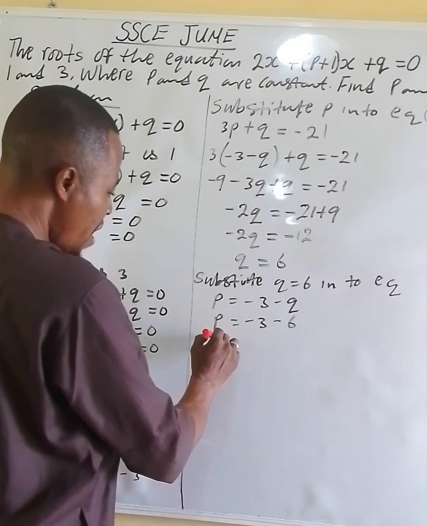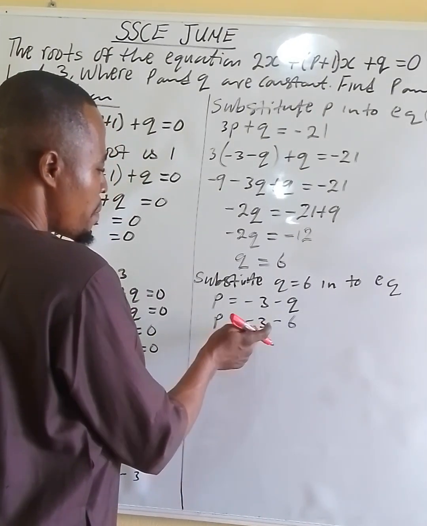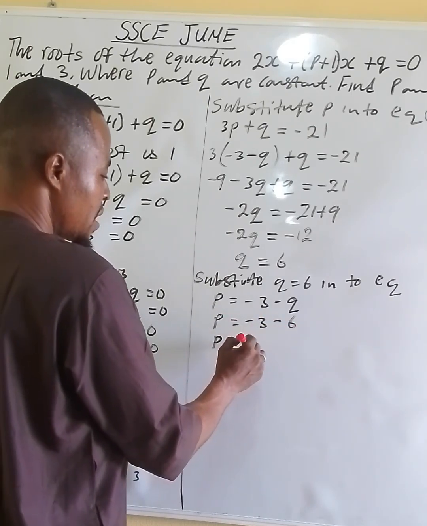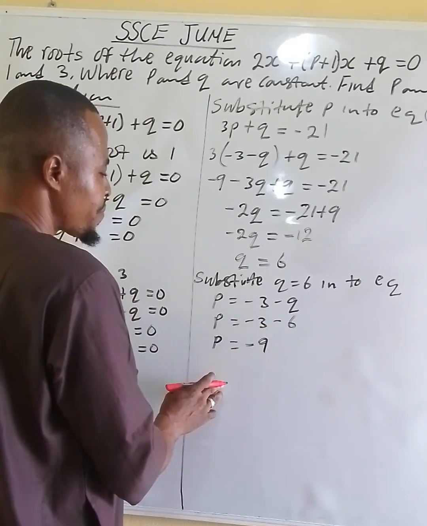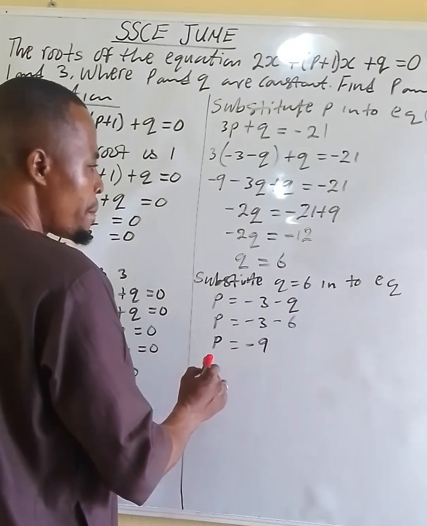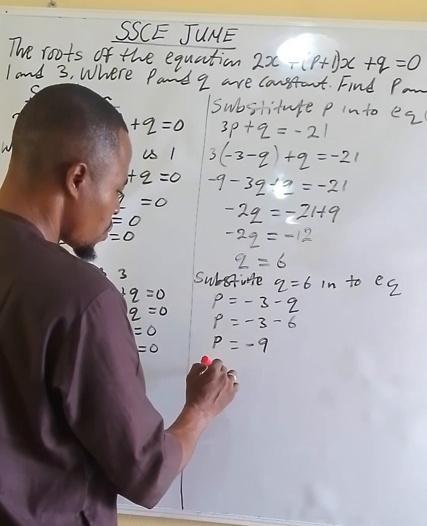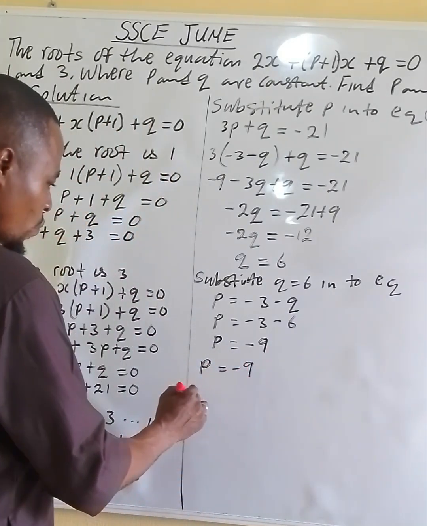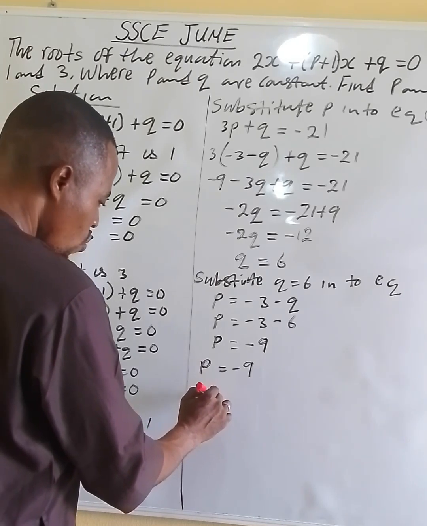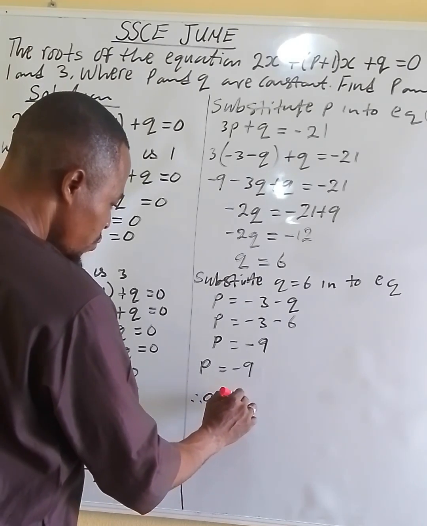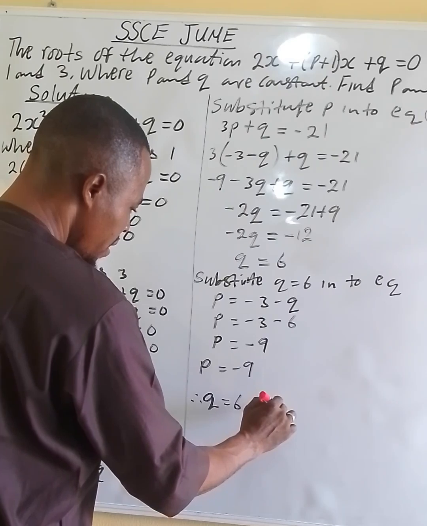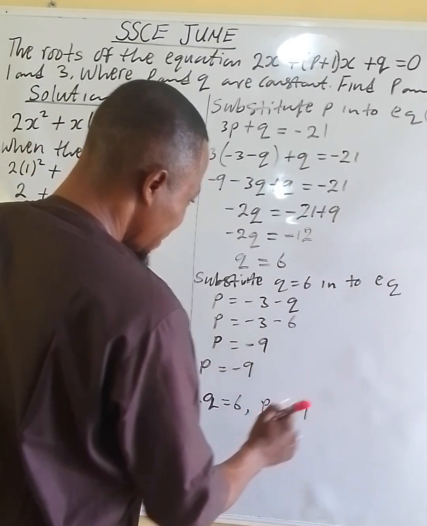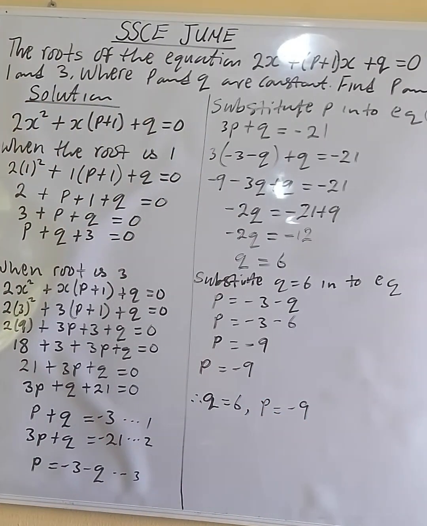So p equals minus 3 minus 6, which gives us minus 9. Therefore, p equals minus 9. Our answer is q equals 6 and p equals minus 9. So that's our answer.